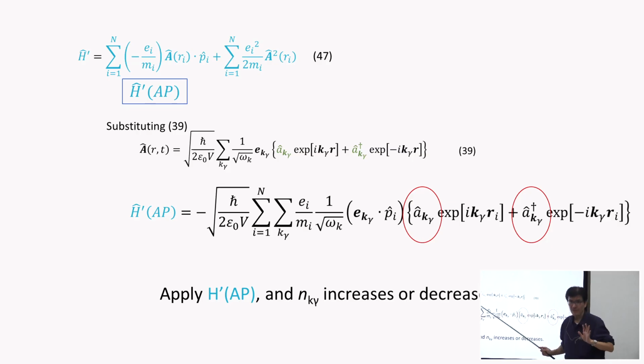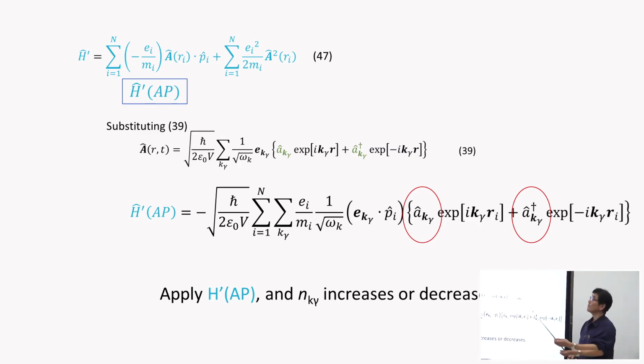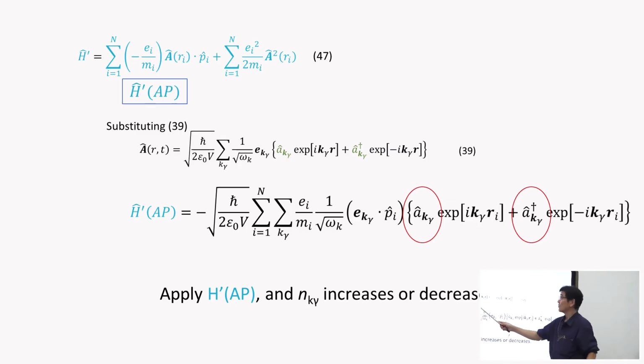To formulate Raman scattering, we should consider the contribution from the A·P term. So I explain this term mainly. So the A·P term contains A and P. P is a momentum operator, A is a vector potential.